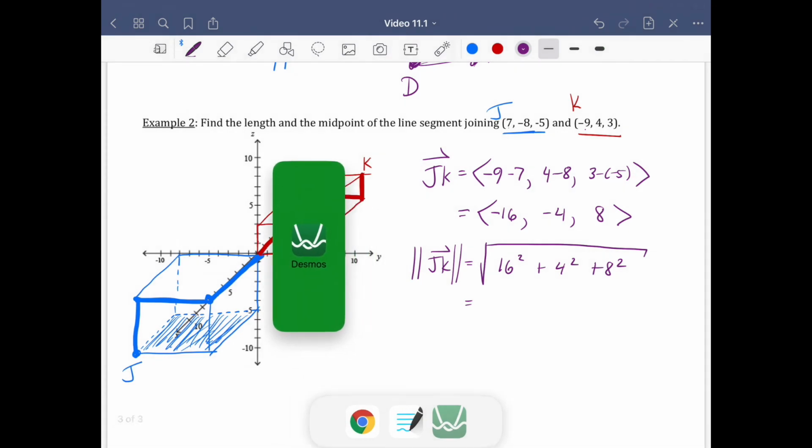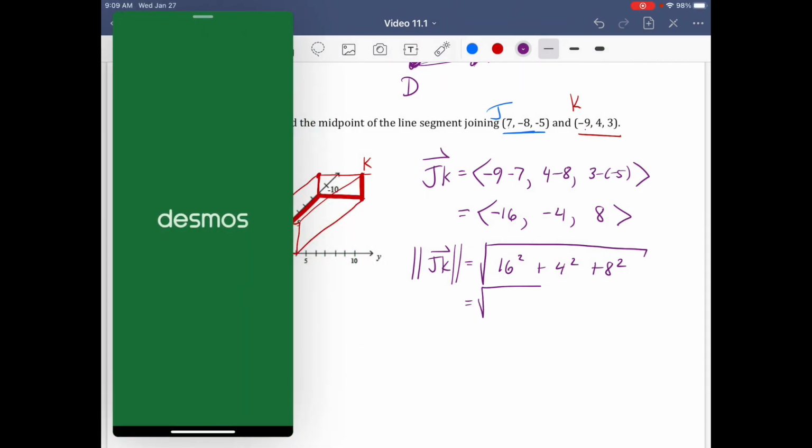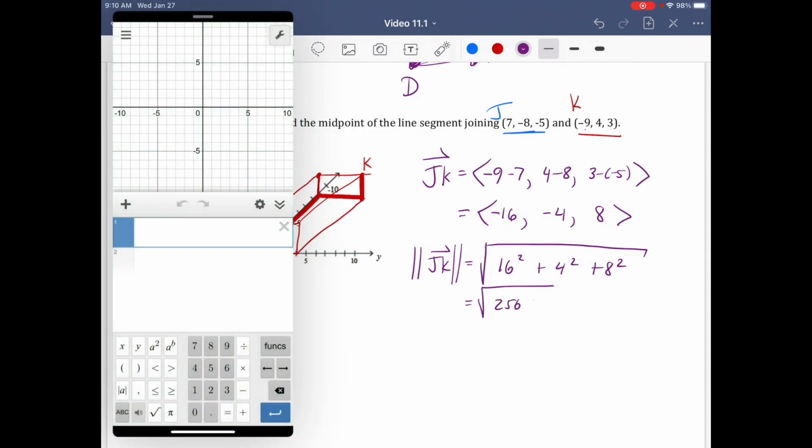So let's grab our calculator. 256 plus 16 plus 64 equals 336, and then the square root of that.